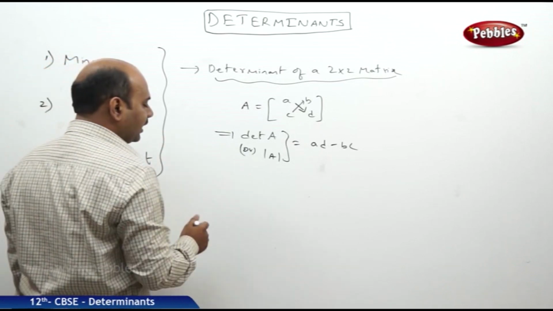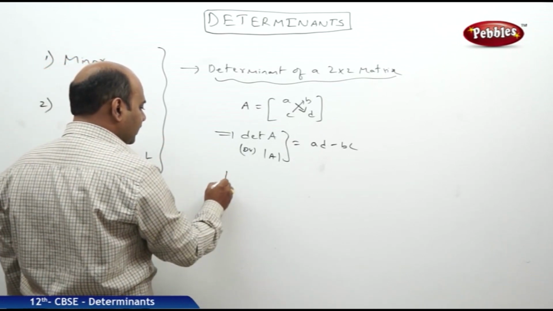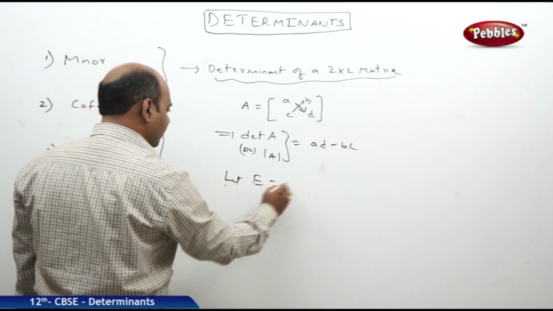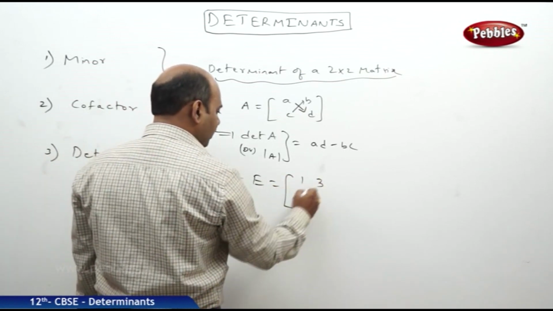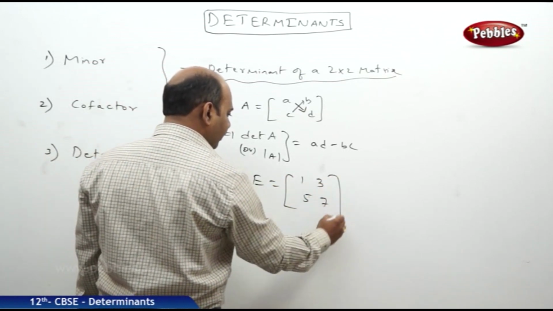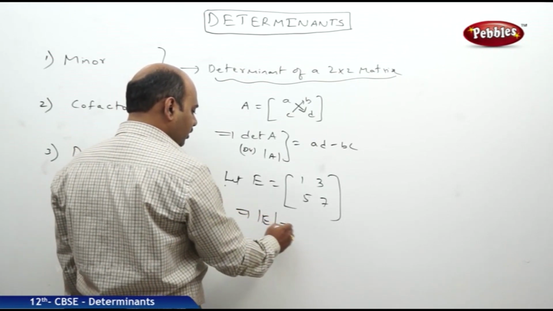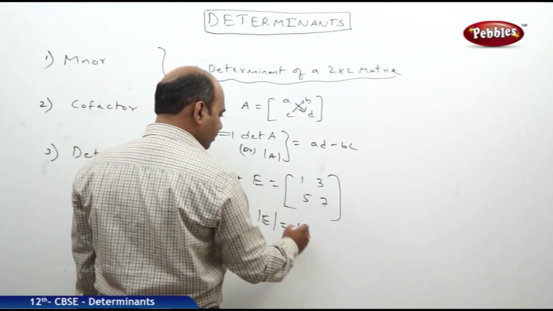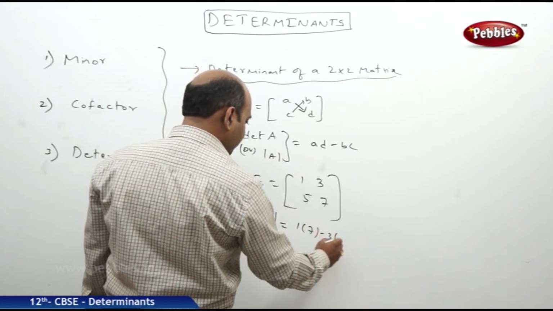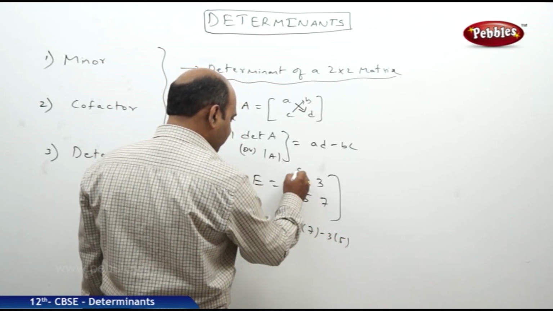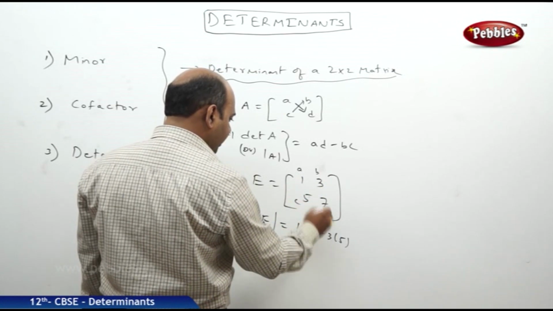If I take a numerical example, let the matrix capital A be given as 1, 3, 5, 7. If anyone asks to find the determinant of this matrix, you need to write that det A is equal to 1 into 7 minus 3 into 5, because this is a, b, c, d.